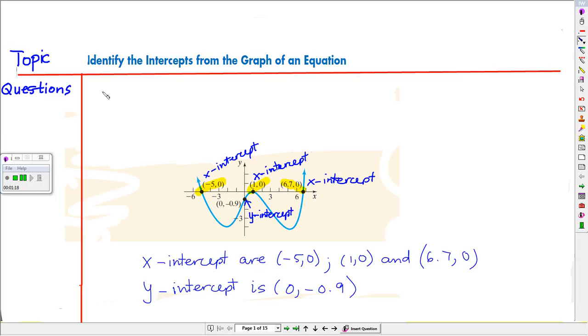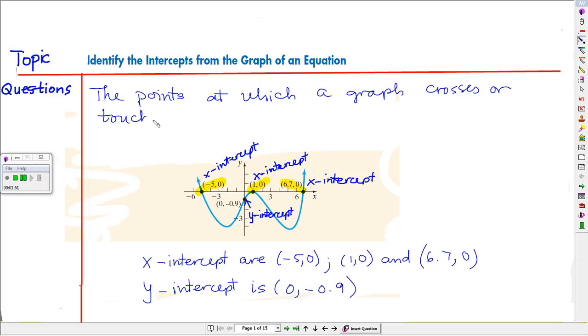The x-intercept is the point at which a graph crosses or touches the x-axis, called the x-intercept.